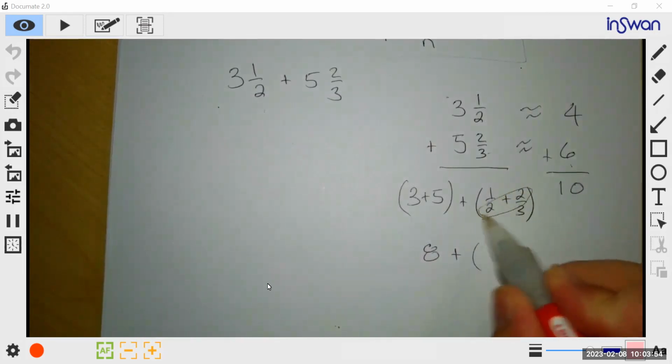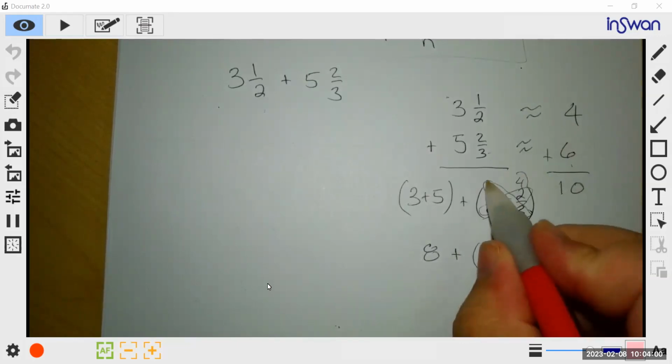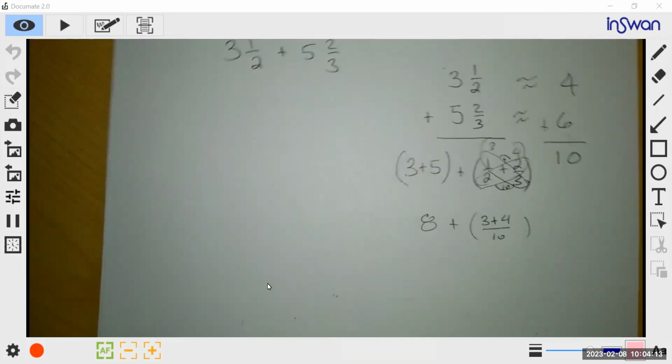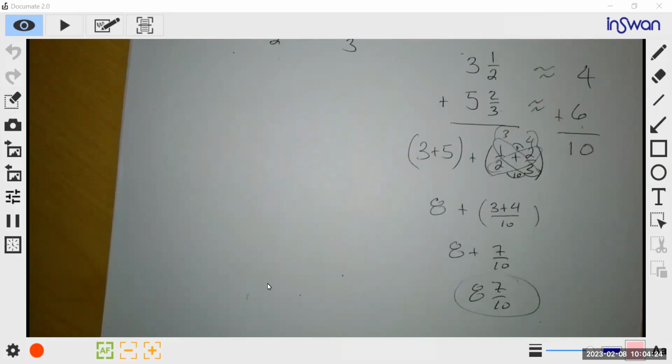We could do the butterfly method here. So that's 4. That's 3. And we add them. 2 times 5 is 10. So we have 8 plus 4 over 10. So there's your exact answer. You just separate the numbers, put it in two parts, and then combine them at the end.